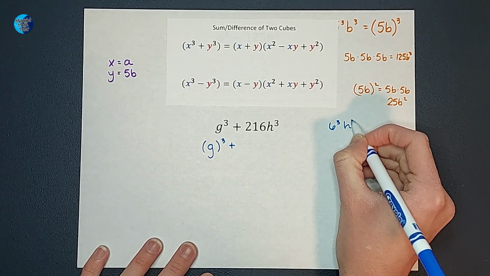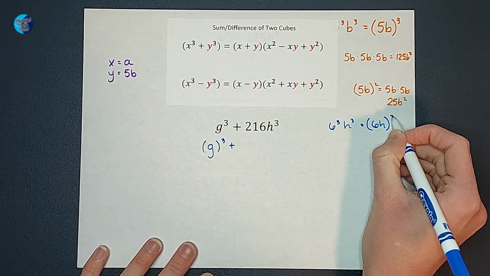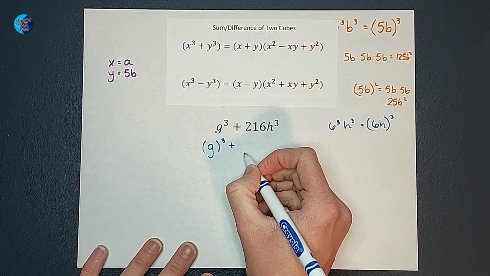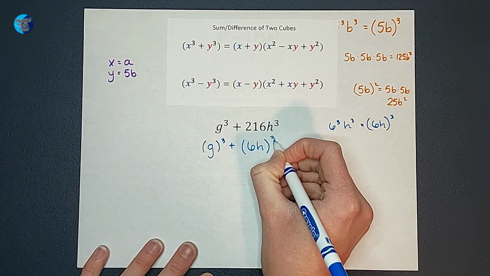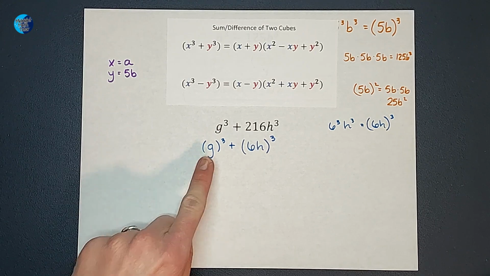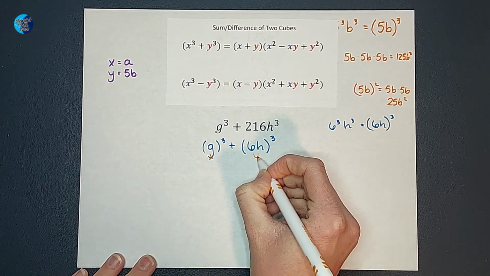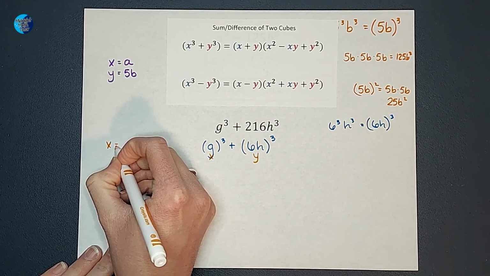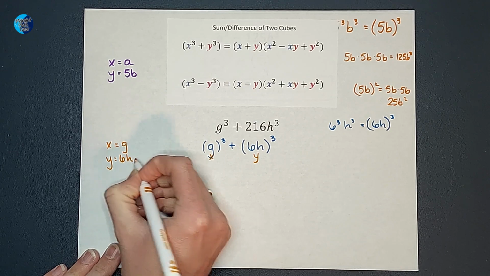And then we also have the h cubed, or we can just write that as 6h cubed, like that. All right, now we've got our g and 6h are our x and y. So on this one, x is g and y is 6h.